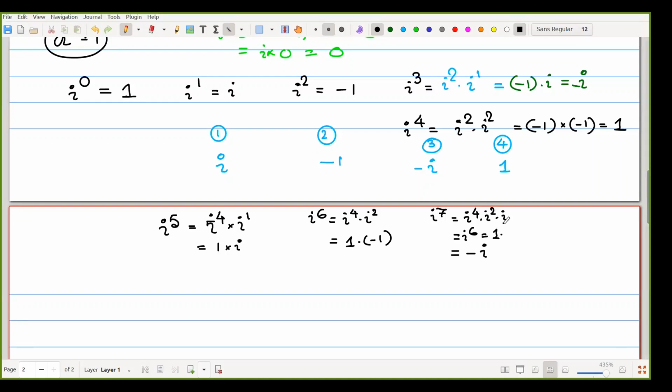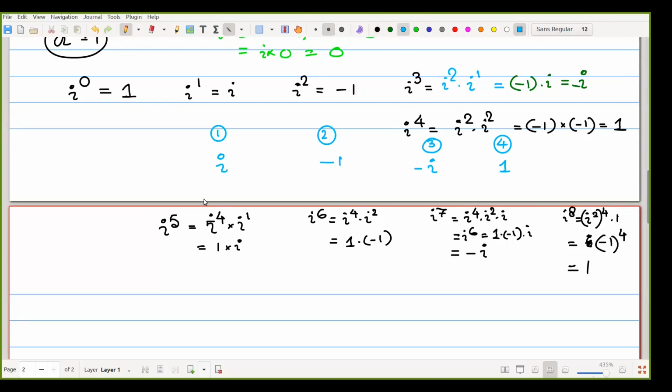And the final one is simply i to the power 8. It can be written as i to the power 2 whole to the power 4. So i to the power 2 means -1, whole to the power 4, or 1.